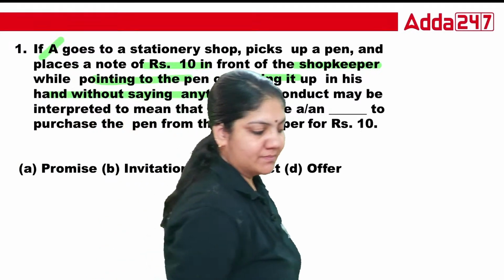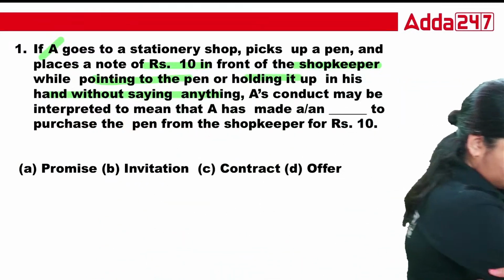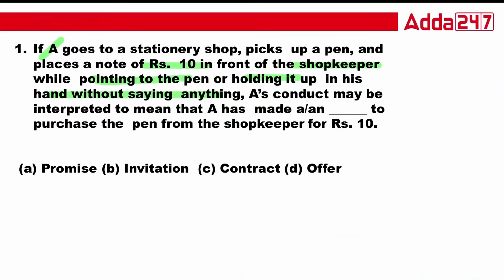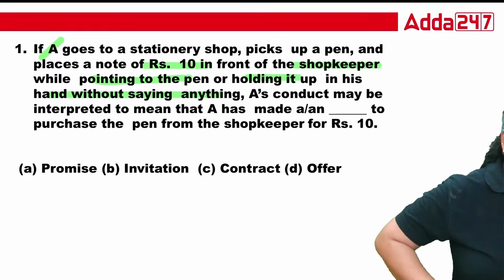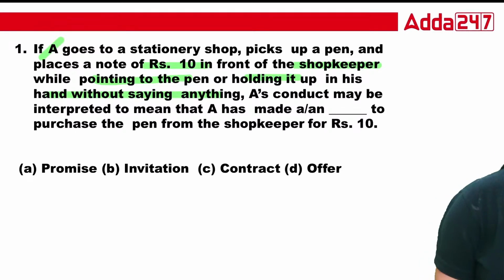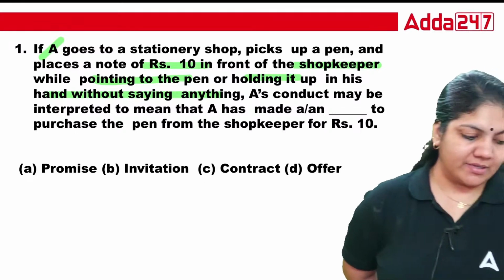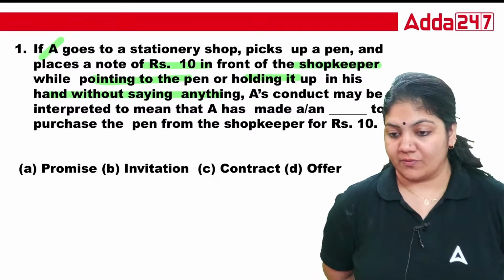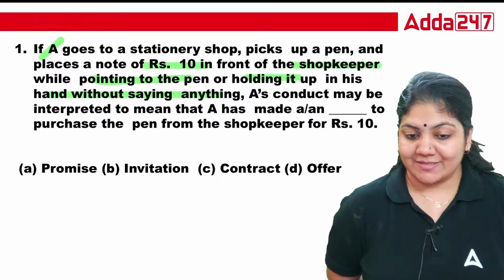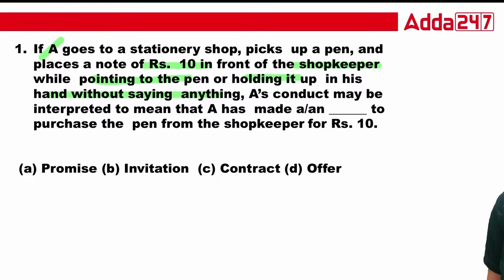Yes, class. A very important question. If A goes to a stationery shop, picks up a pen and places a note of ₹10 in front of the shopkeeper while pointing to the pen, A's conduct may be interpreted to mean that A has made a dash to purchase the pen from the shopkeeper for ₹10.